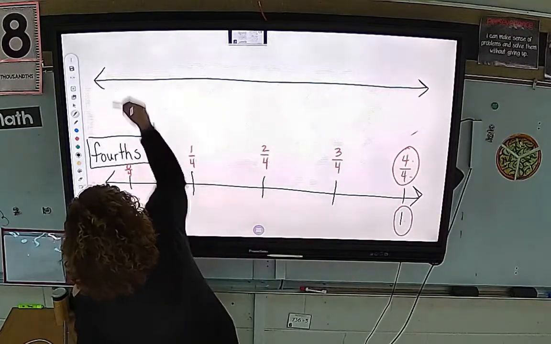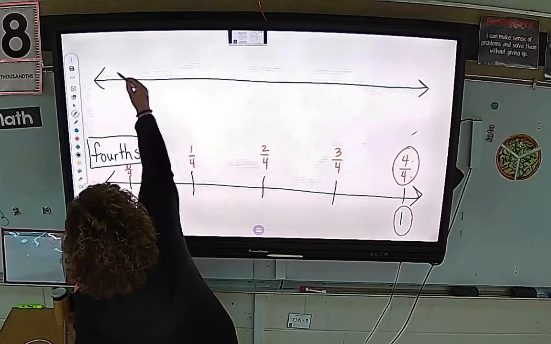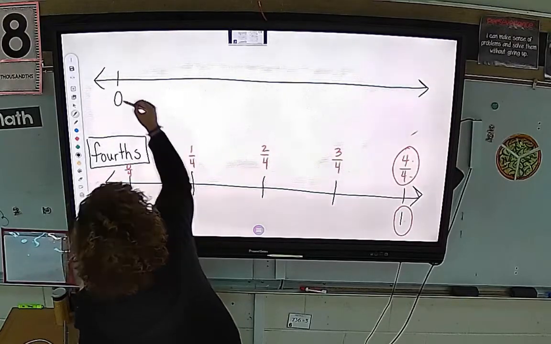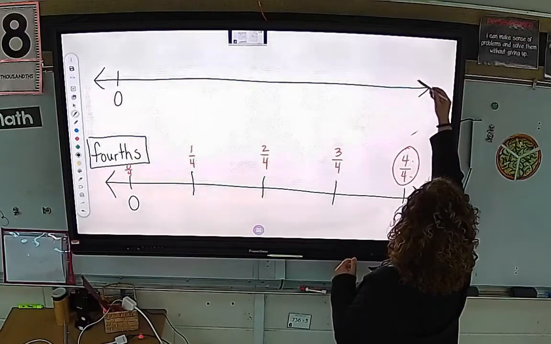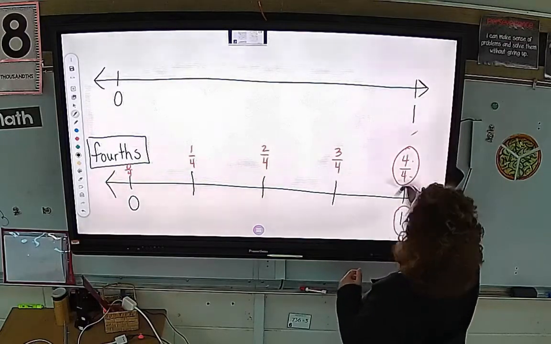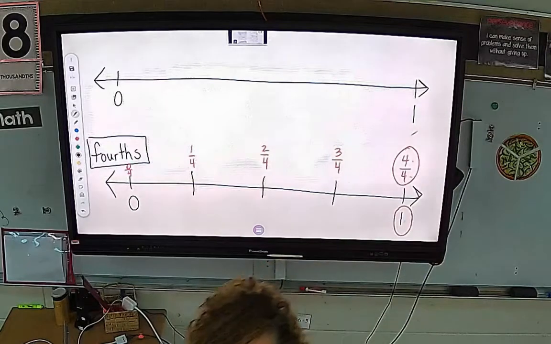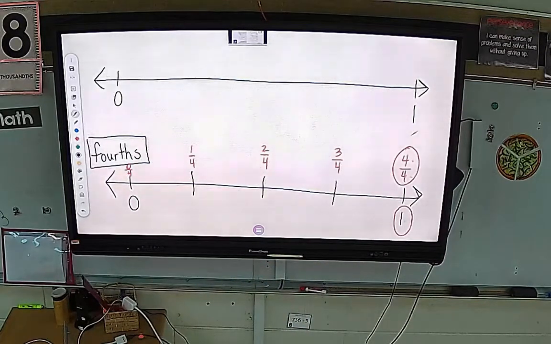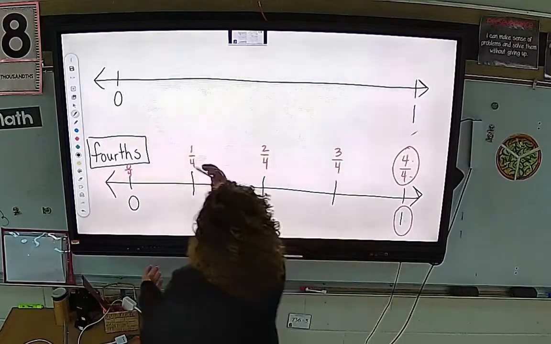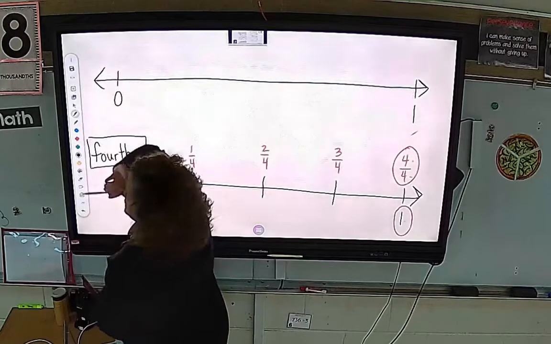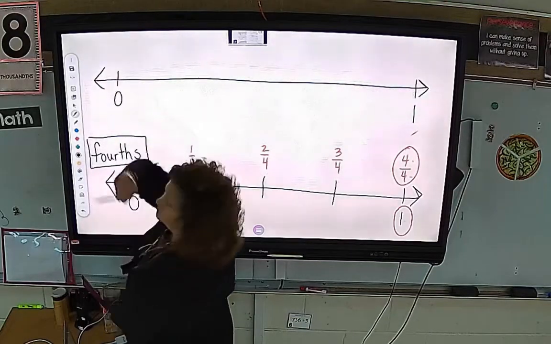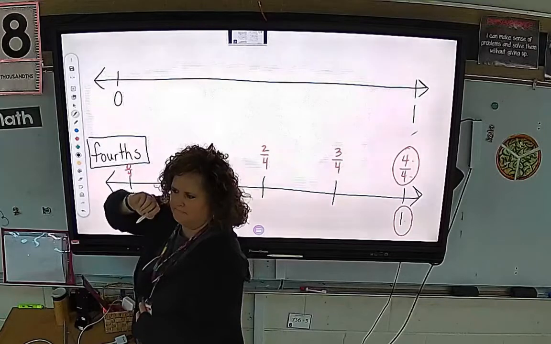Okay, I'll make sure that this is the same. 0 and 1, right about there. Okay, so you're going to have a number line from 0 to 1. Go ahead and put those whole numbers on there. Okay, let's cut this one into fifths. Actually, yeah, go ahead, fifths.